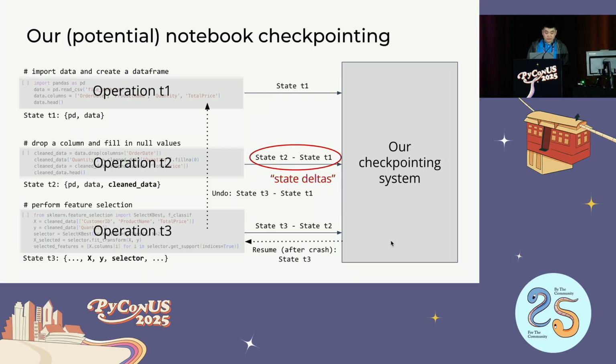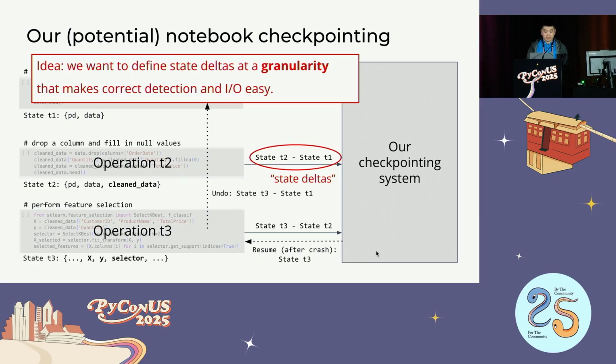And finally, suppose the user is at operation T3 and the kernel crashes, then to restore the state, we can piece back together the session state from all the incremental checkpoints that we made earlier to restore the session state of T3.